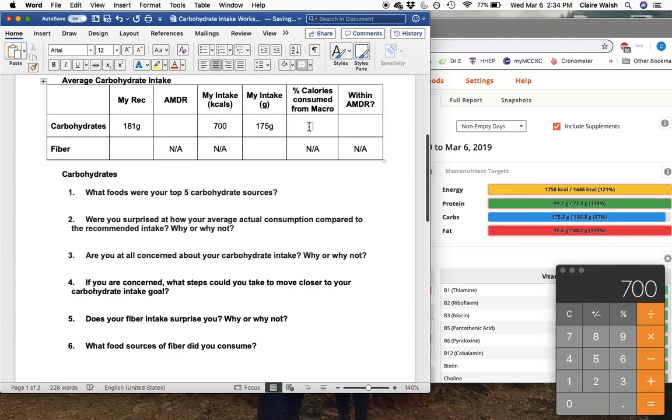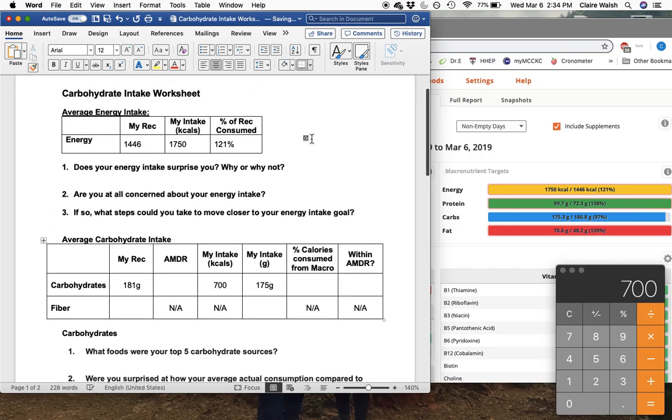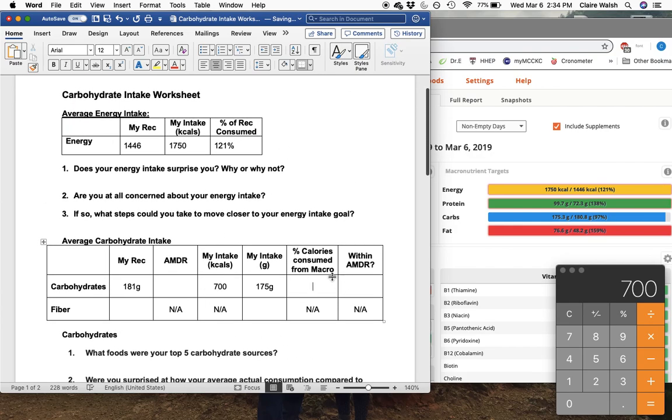Okay, now this part is the next piece of math. And what you need to do here is figure out what percentage of your total calories consumed came from carbohydrate.